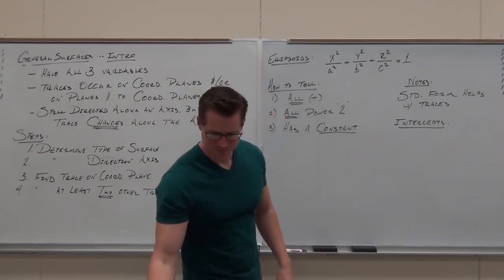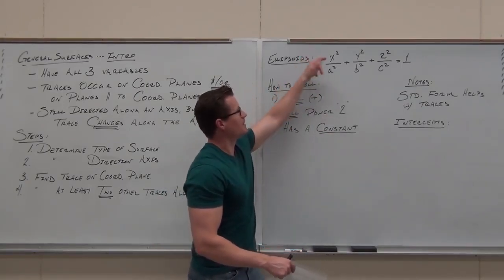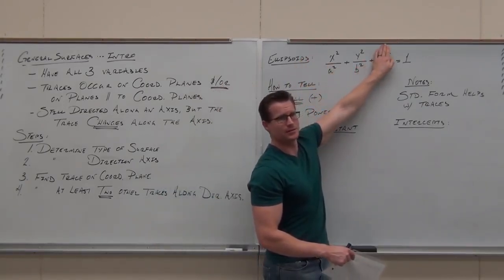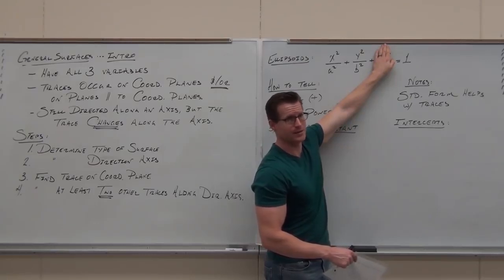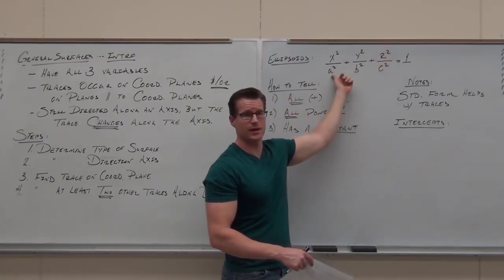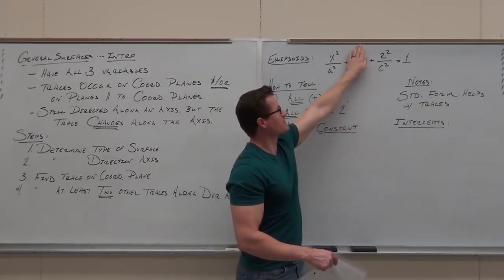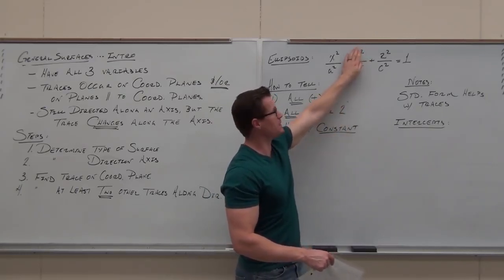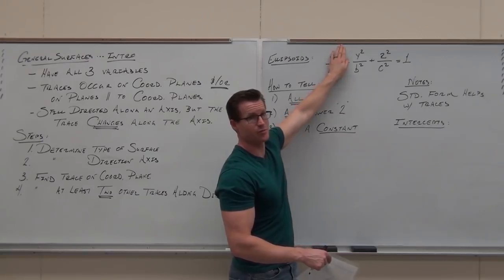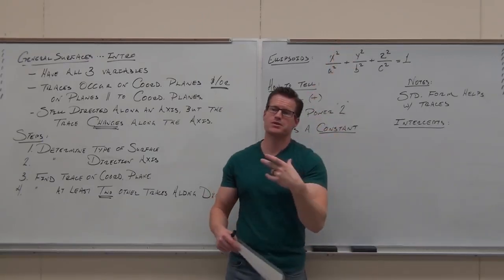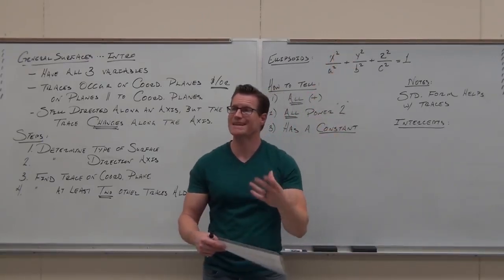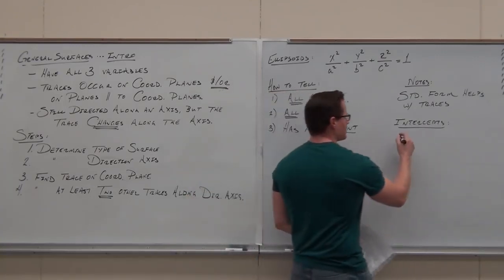For instance, if we have that, that has intercepts at positive and negative A, positive and negative B. That one has intercepts at positive and negative A and C. That one has intercepts at positive and negative B and C. Those intercepts still work. So the intercepts are really easy to find in standard form.